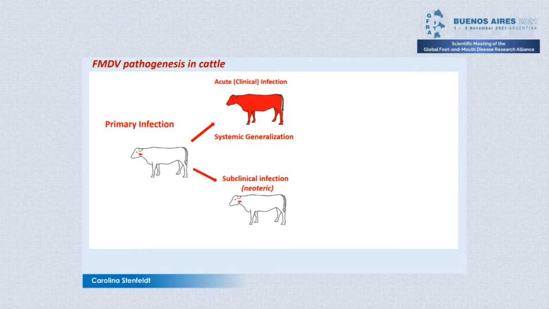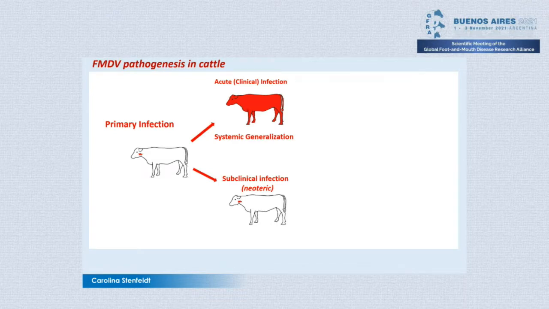And after establishment of the primary infection, there's a phase of systemic generalization with viremia and clinical disease in naive animals. Meanwhile, in the clinically protected animals, the virus remains restricted to the upper respiratory tract through the phase that we like to refer to as early subclinical infection.